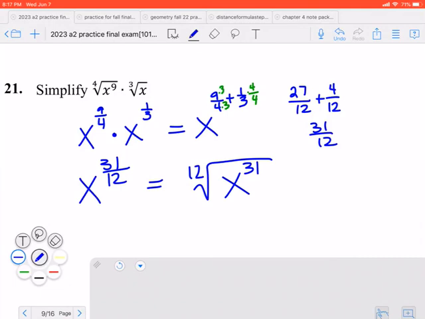Did I mess up? 4th root of 9, x root of 3. I have something different on my... Oh, it's a 9. I wrote it wrong, didn't I? Oh, I did on my answer key. So I'm a goober, and on the answer key that I posted for you guys, I accidentally wrote 4/9.